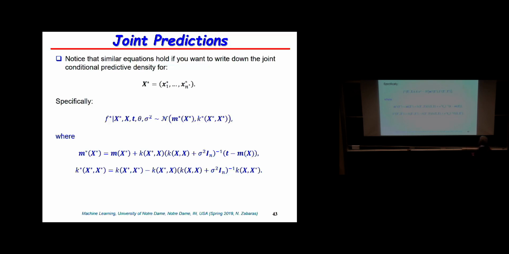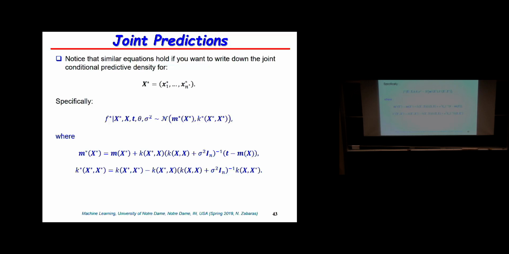You can also appreciate the cost of the computation involved here. You are going to have to invert this matrix. What is the size of the matrix that you have to invert if you have n training points? It's n by n.